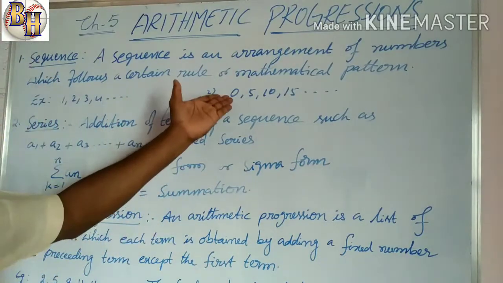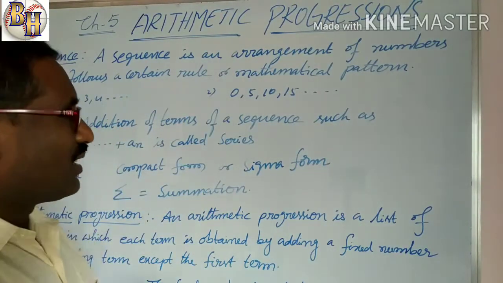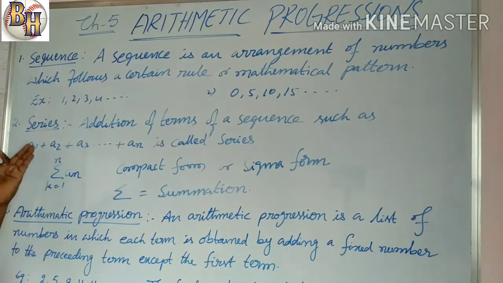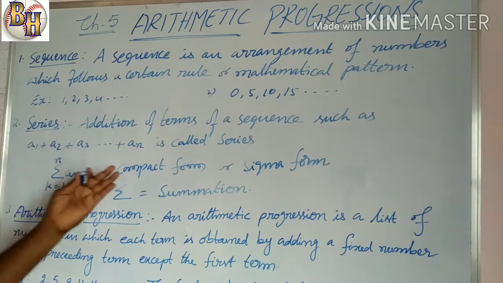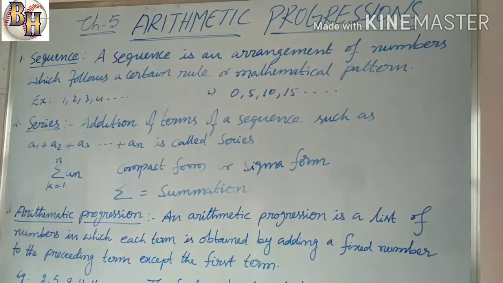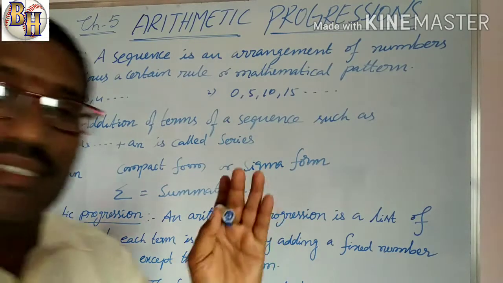For example, you can take a1, a2, a3, a4. If you take like that, then the series is written as a1 plus a2 plus a3 plus and so on up to an. a1 means the first term, a2 is the second term, a3 is the third term, an means the nth term.